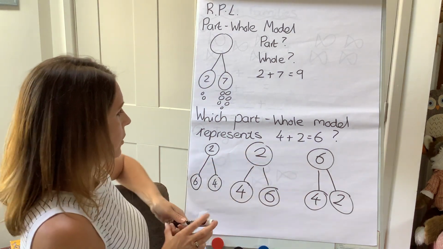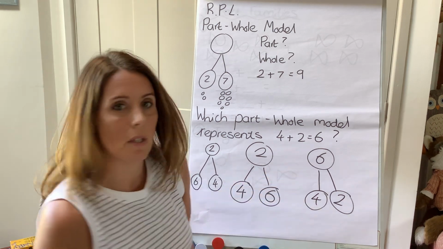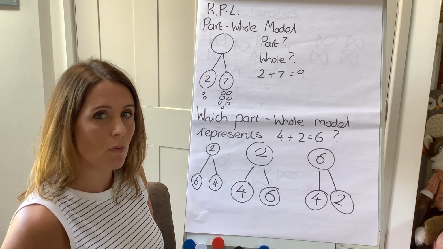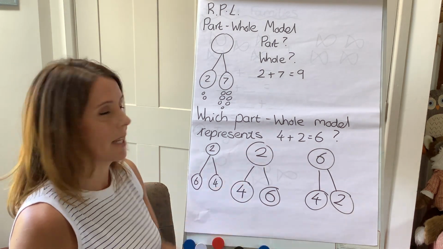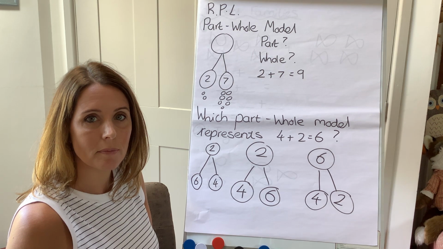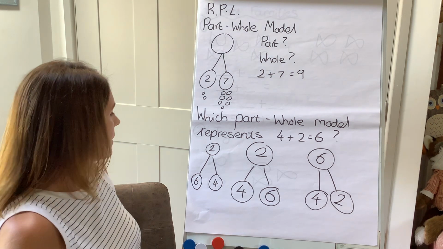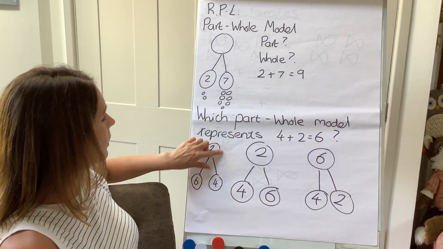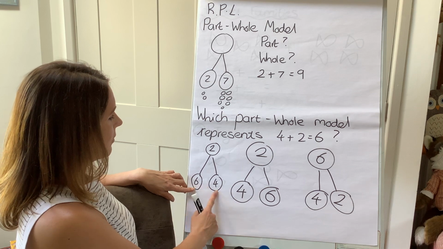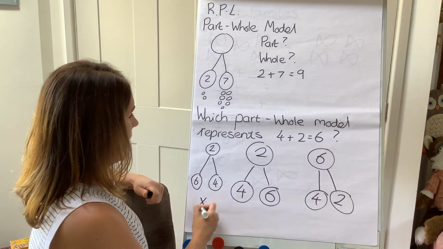Which Pothole Model represents 4 add 2 is equal to 6? Have a look at that. Which Pothole Model is representing that number sentence? Okay, so the first one, the whole is 2 and the parts are 6 and 4. 6 and 4 combined doesn't make 2, so that one doesn't work here.